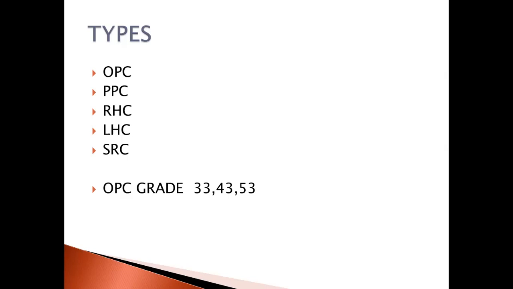Why we are adding Pozzolana material is because in normal OPC manufacturing, we send the products of CaCO3 to the kiln. In the kiln, at high temperature, CaCO3 becomes CaO and CO2.